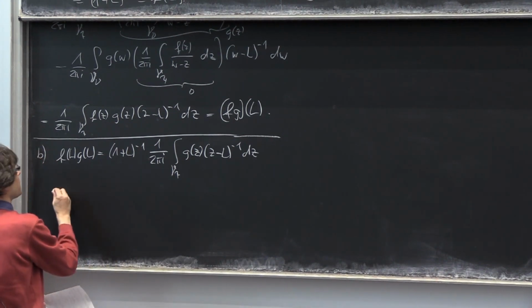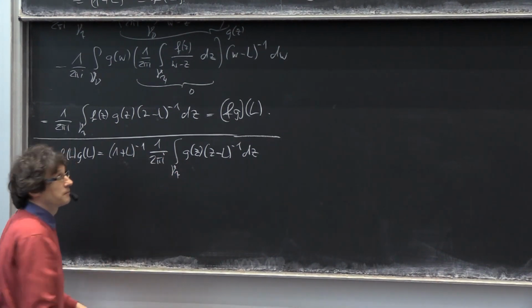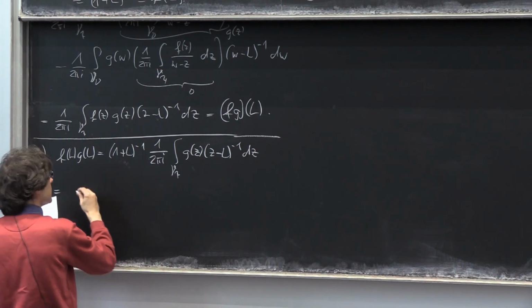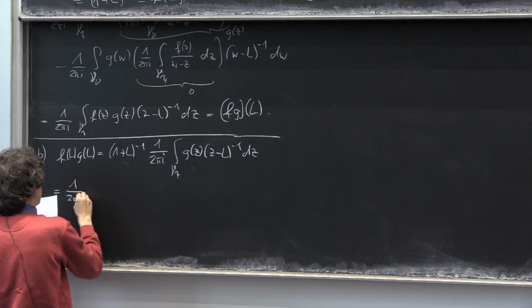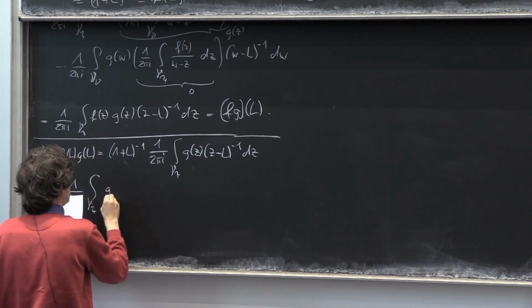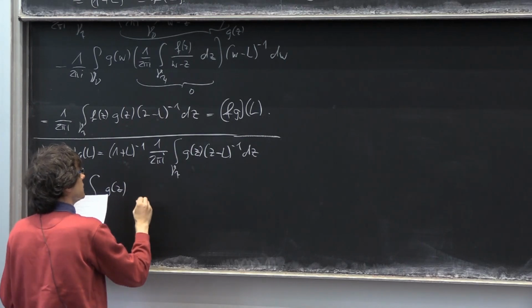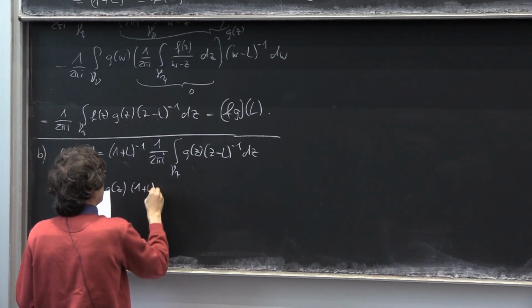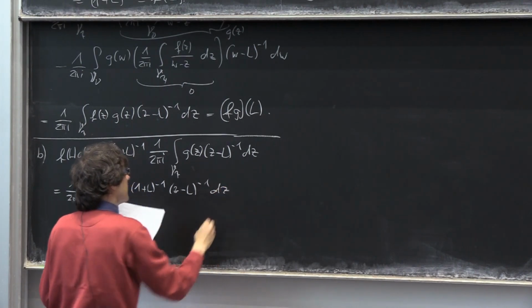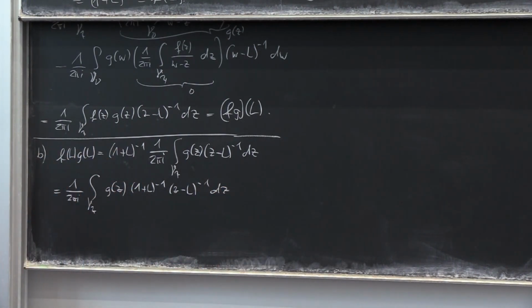But again, we have a bounded operator before a Bochner integral, so we can plug it in. And this gives us 1 over 2 pi i integral gamma psi. G of z is just a complex constant. 1 plus L to the minus 1, z minus L to the minus 1 dz. And again, the winner will be the resolvent identity.